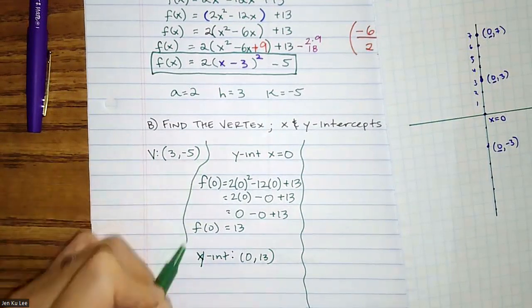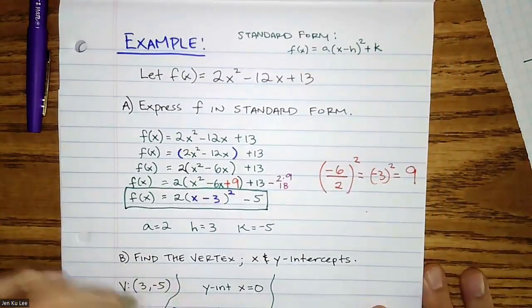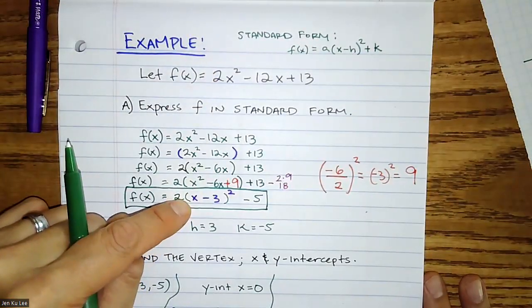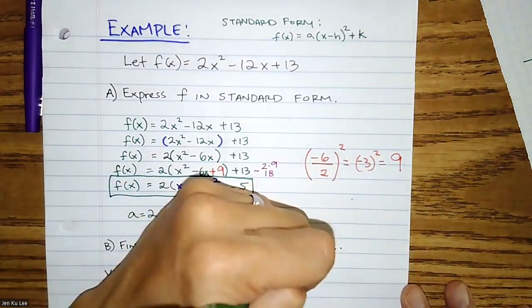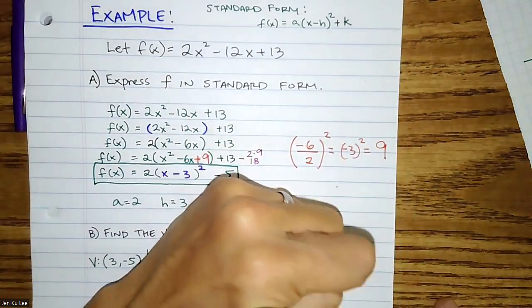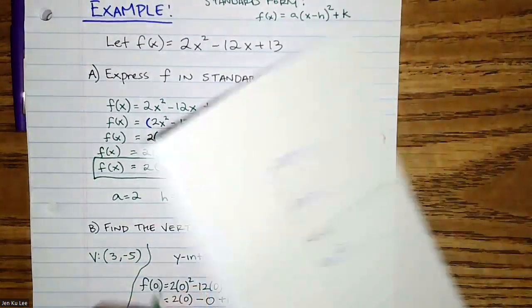You can use whatever form you want to figure these out. You can use this form or this form, it doesn't really matter. For my x-intercept, I'm going to make y equal 0. Same thing, vice versa.